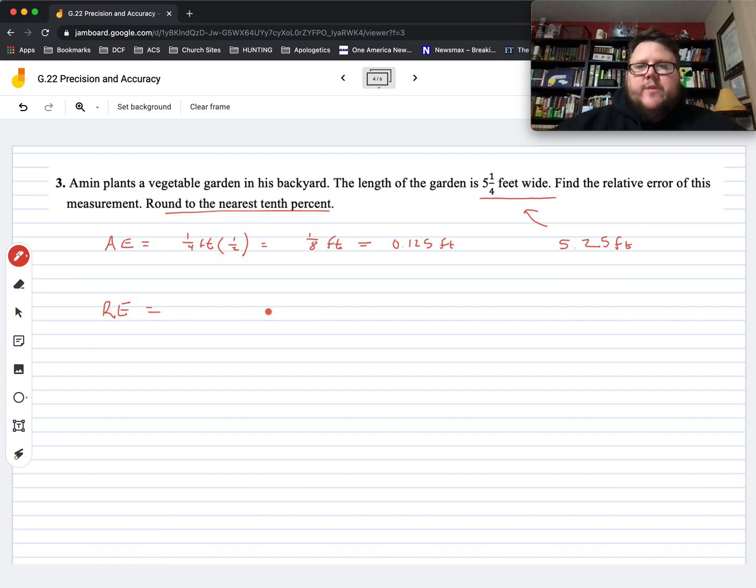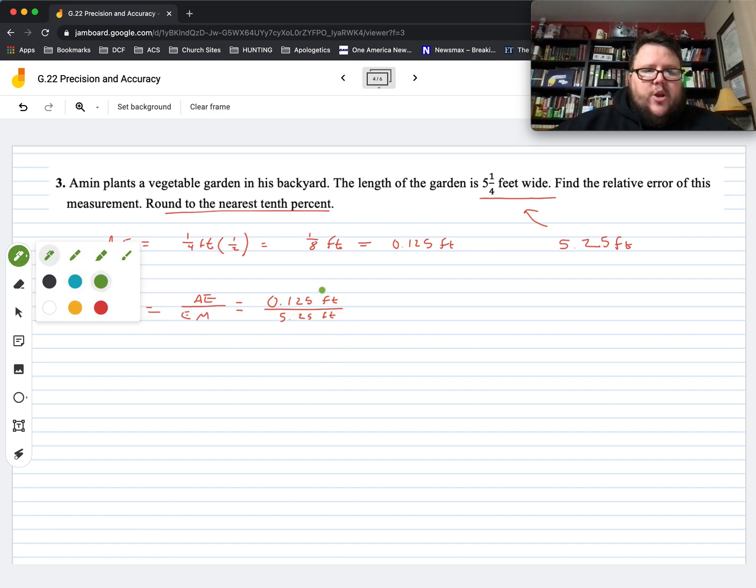So relative error takes our absolute error divided by our expected measurement. So our absolute error was 0.125 feet divided by our expected measurement, 5 1/4, which we said is 5.25 feet.